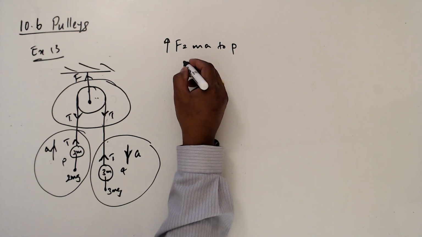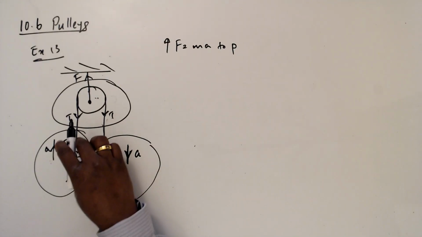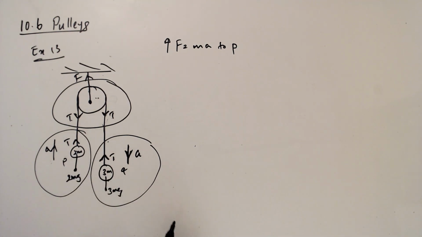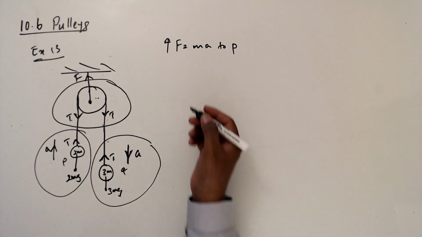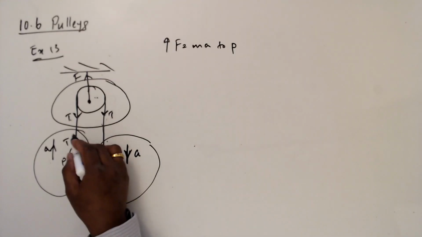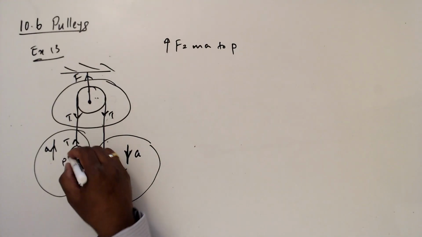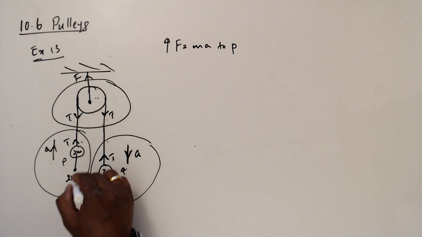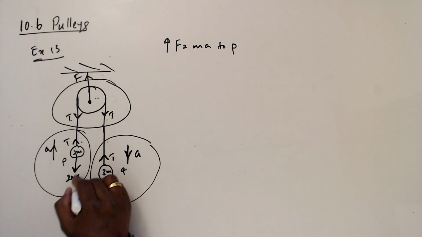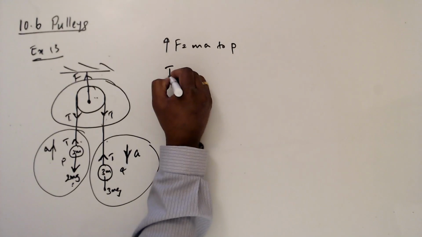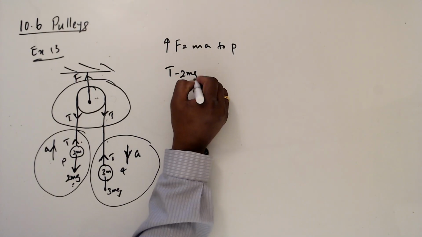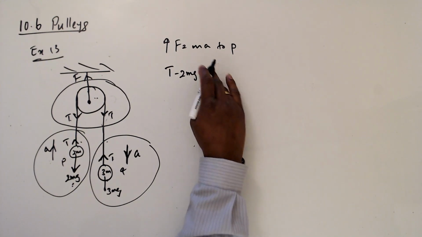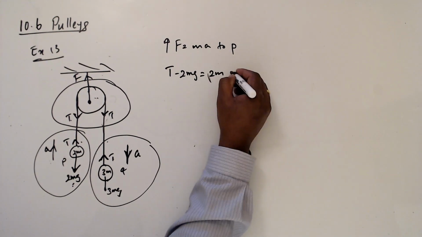There are two forces on this particle: one is T, another one is the weight. For the upward direction, T is positive, and the weight is in the opposite direction, so it is negative. So T minus 2mg equals 2m times a.